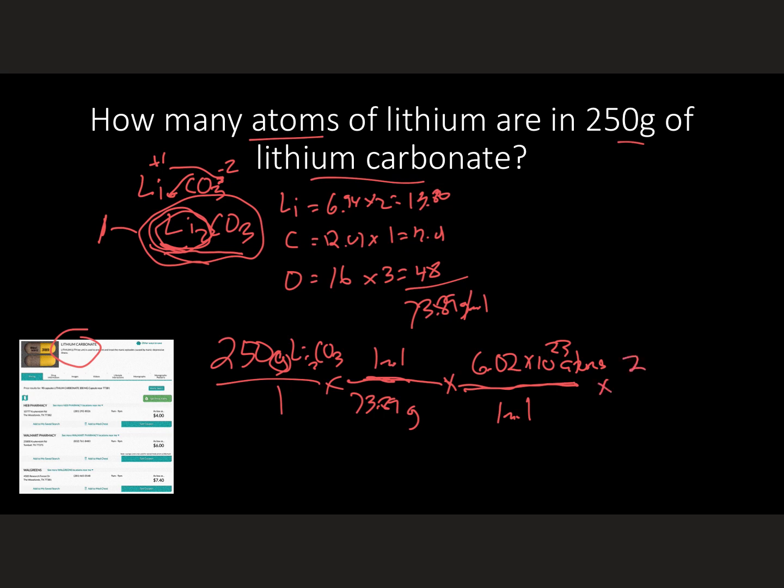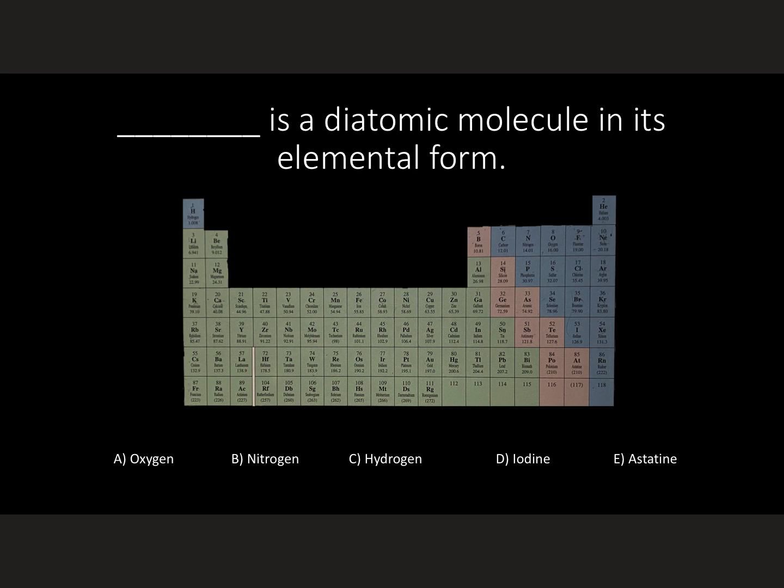So we need to multiply that number by 2. And then that will give us our final answer of 4.07 times 10 to the negative 24th atoms of lithium.